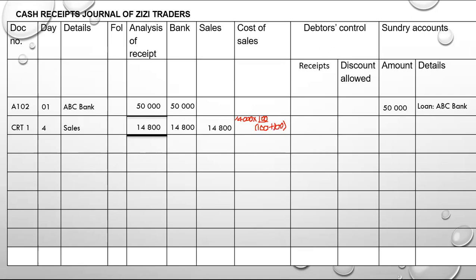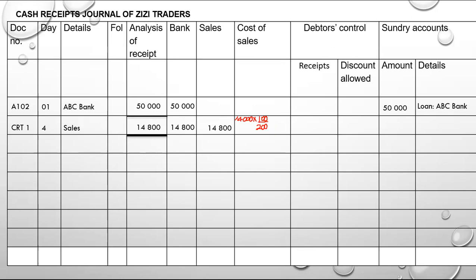We good? Basically, this is us dividing this by 100 plus 100. How much is that? It is 200.